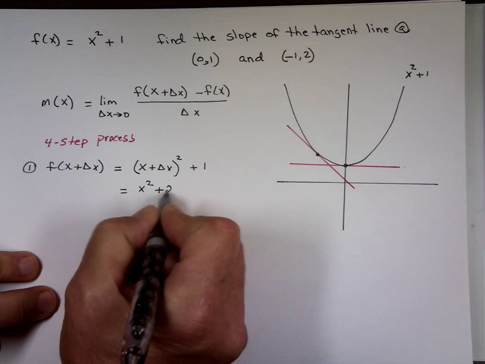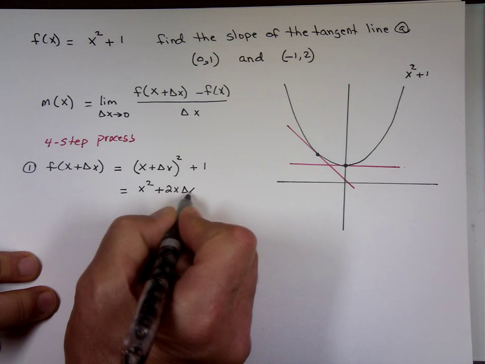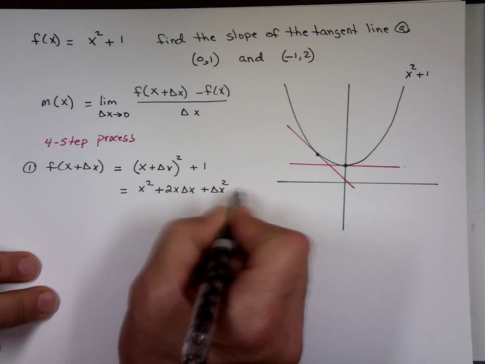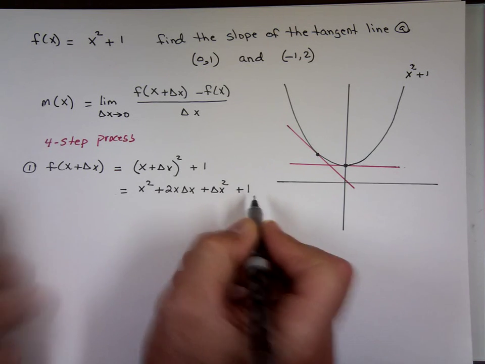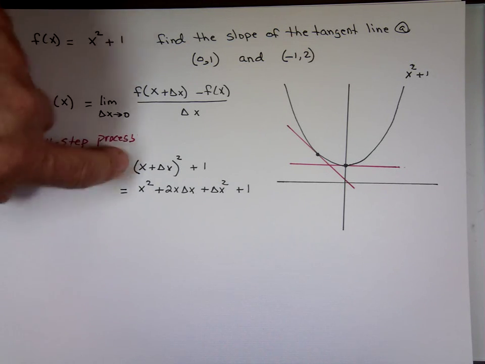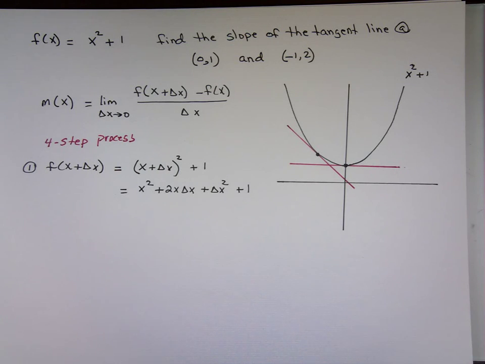The FOIL method: you have to multiply it by itself, not square this and square that. You have to multiply it using FOIL. That's step number 1. F of x is given to me up here, can you see it? So I don't have to find it.